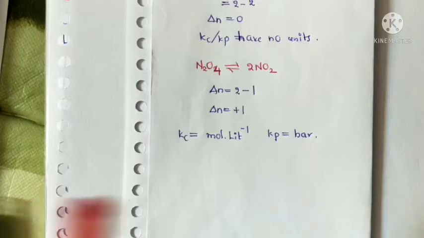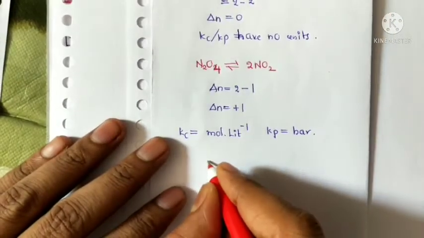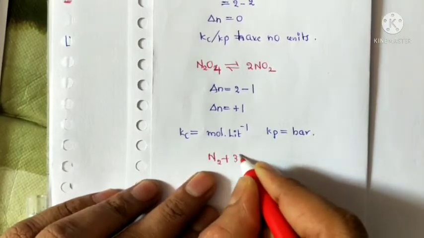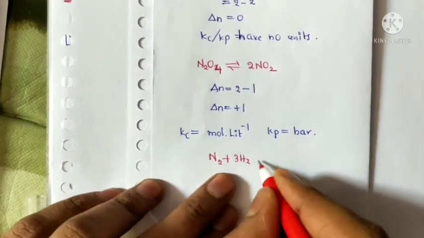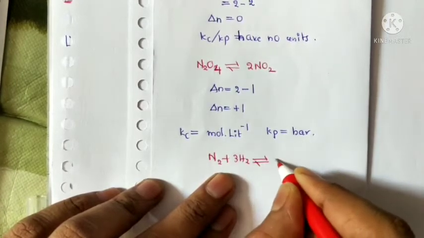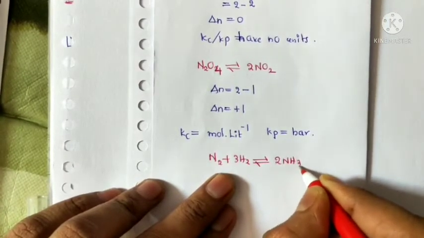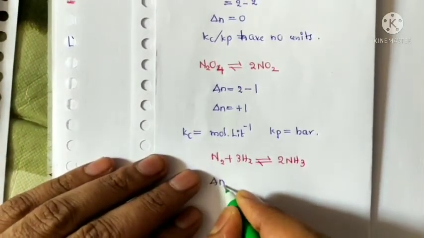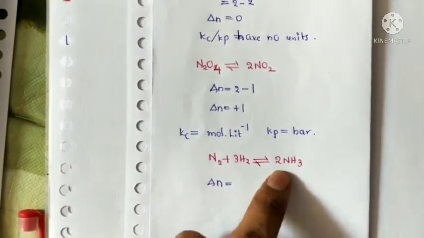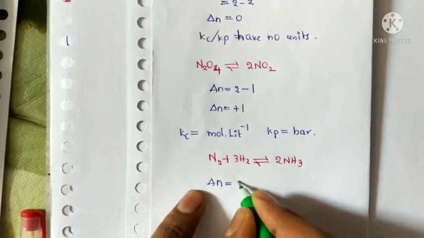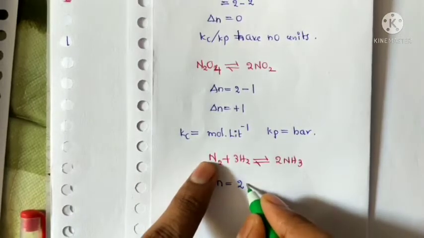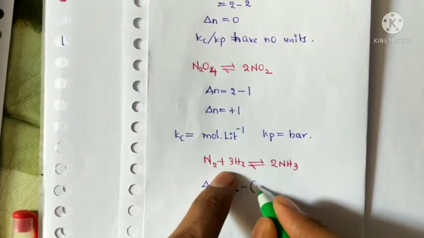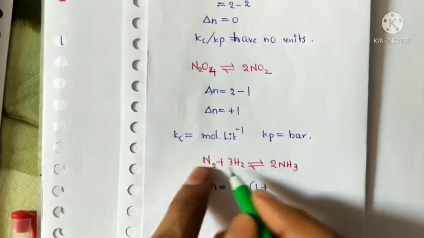Next, another reaction: N2 plus 3 moles of hydrogen form 2 moles of ammonia. Now find the delta n value, which is very important. Products: 2, minus the total number of moles of reactants, that is 1 plus 3.